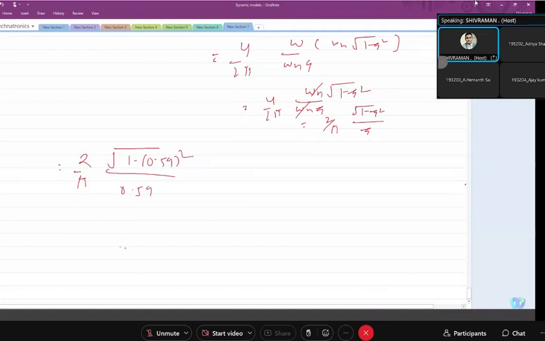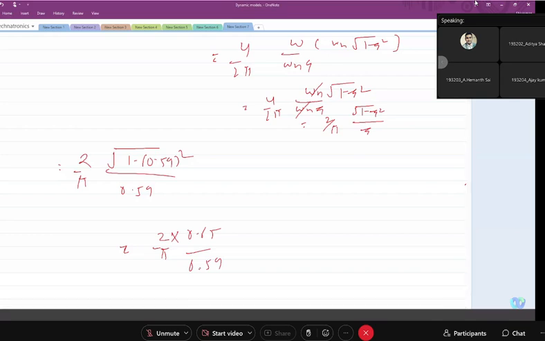Cross check it once. So from here, what will you get? 2 upon pi, this will come out to be 0.65 upon 0.59. So from here you will get the values.